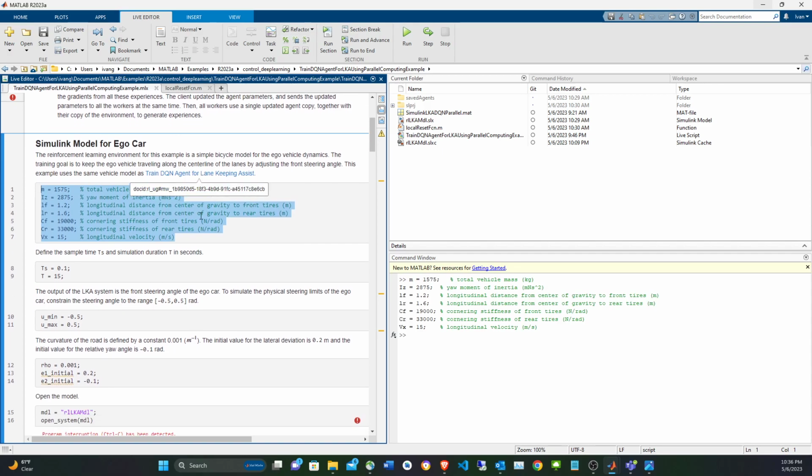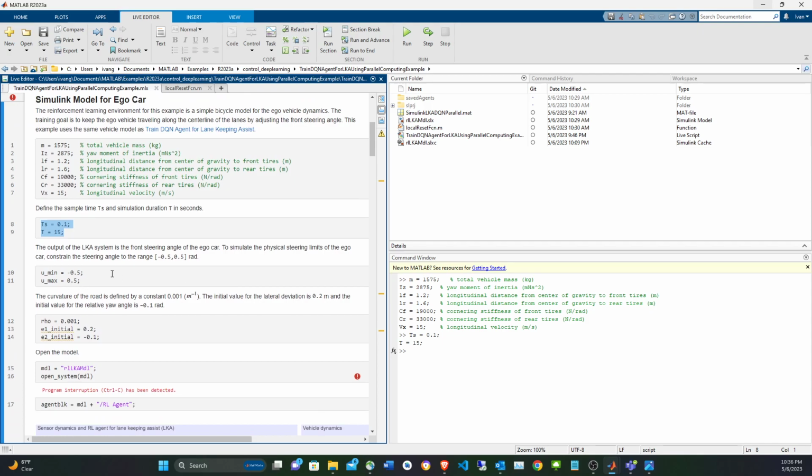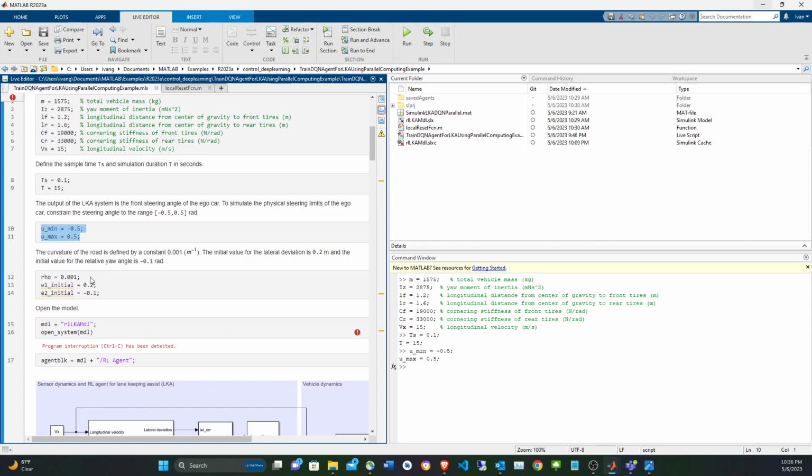Okay, so we have a total of 15 seconds for the simulation and a step size of 0.1 seconds, and the steering angle goes from negative 0.5 radians to 0.5 radians. Again, this range is going to be discretized, and this rho is basically to model the curvature.